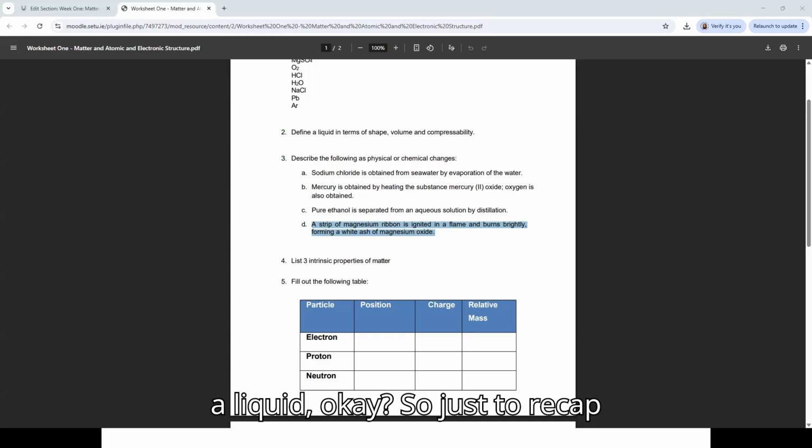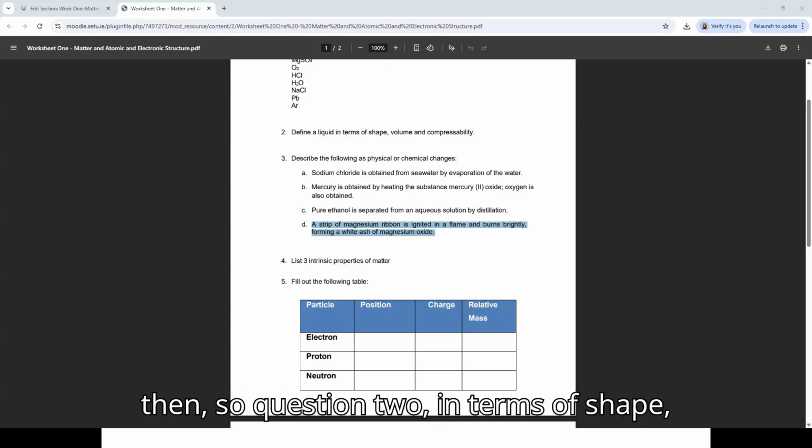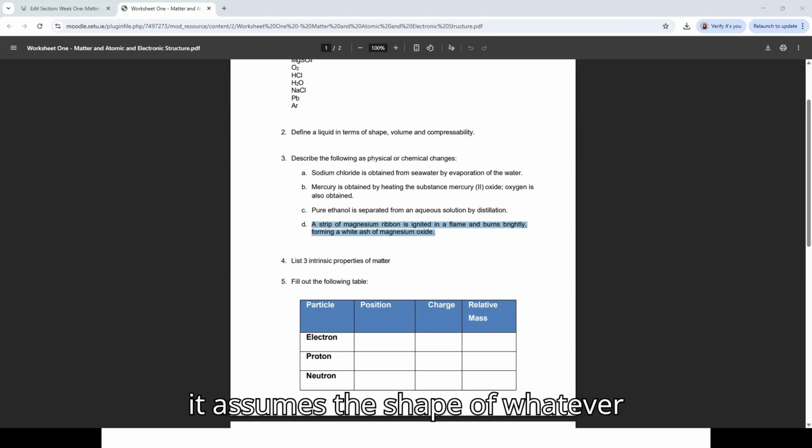Just to recap question 2: in terms of shape, it assumes the shape of whatever container it's in. The volume is definitive and we can measure it using graduated cylinders, burettes, and pipettes. And the compressibility shows little to no compression because there's little space surrounding each of the particles in a liquid.